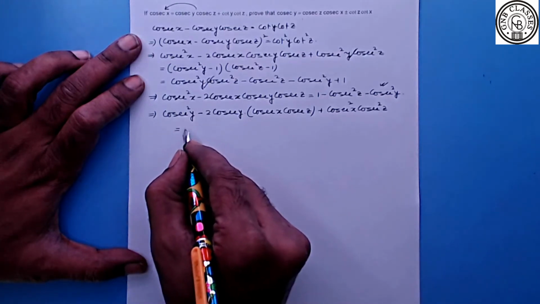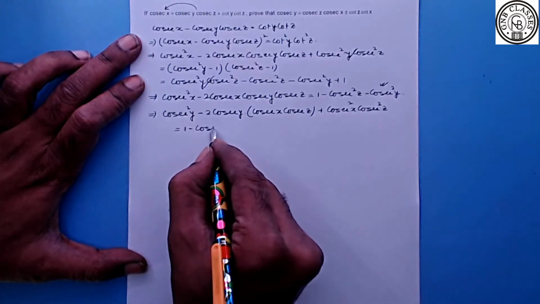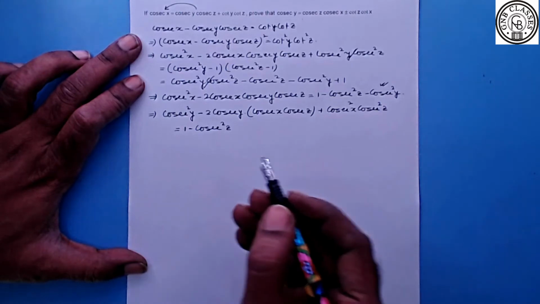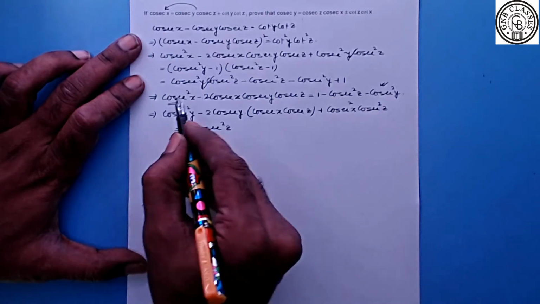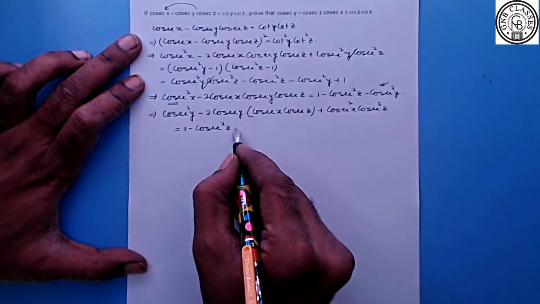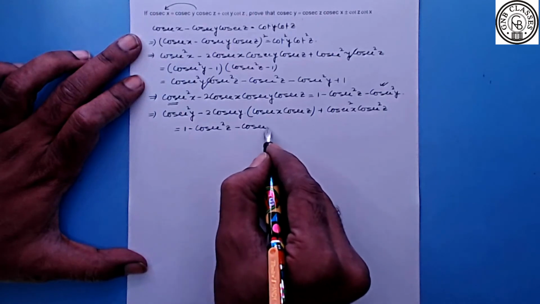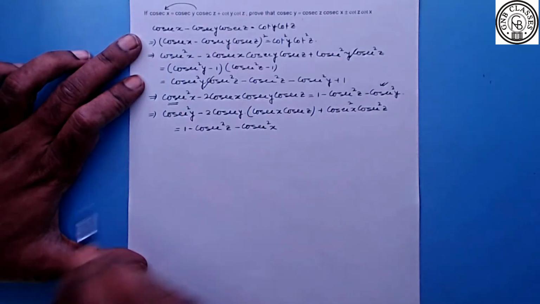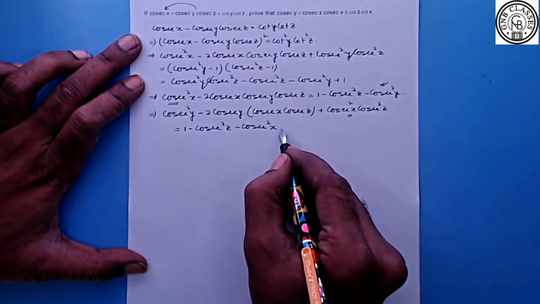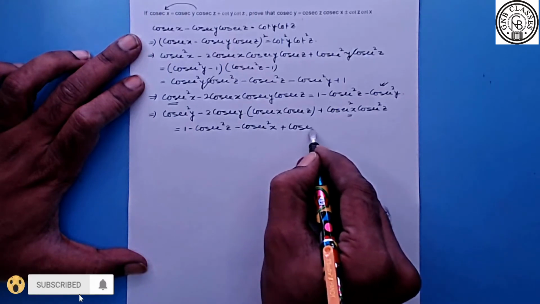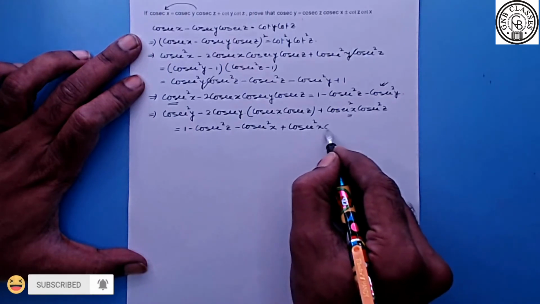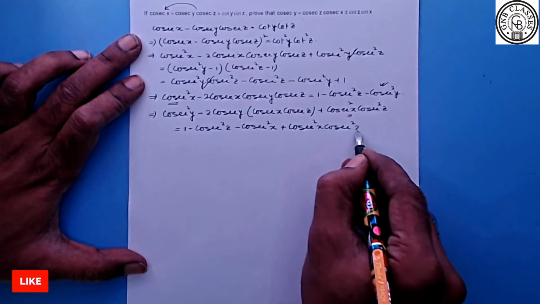So in the right hand side we will have 1 minus cosec square z. This cosec square x will come in the right hand side. Okay, and we have added this, so we have to add the same in the right hand side. Cosec square x, cosec square z.